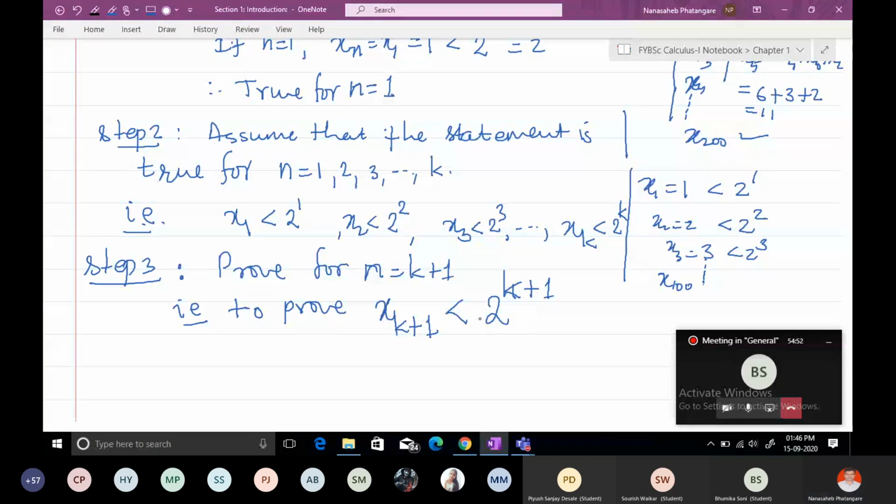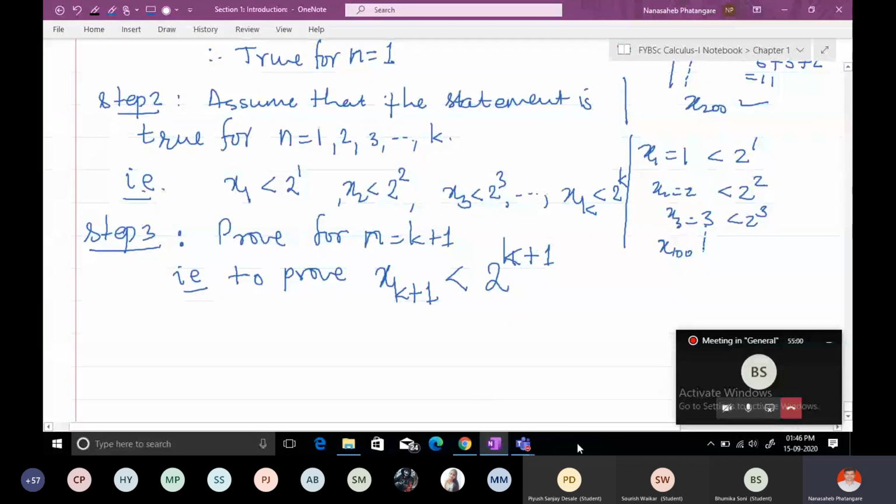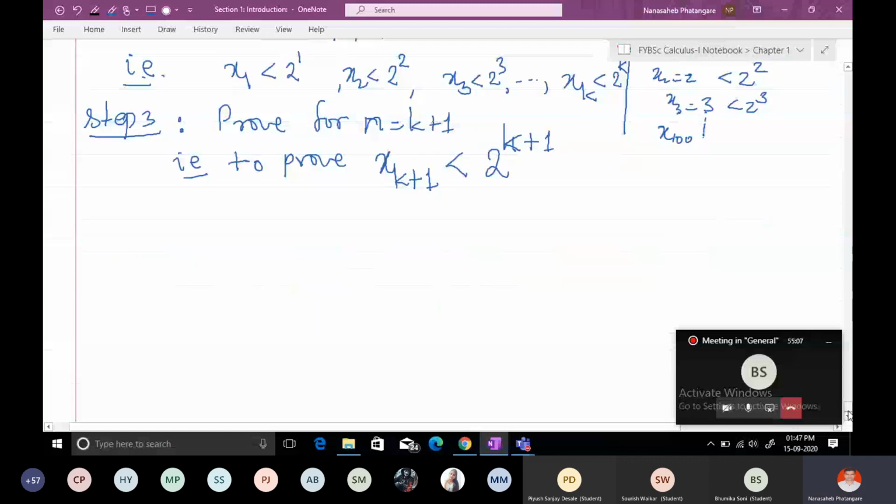Then how to do this? To prove this, let us start with xk plus 1 and try to get that it is less than 2 raised to k plus 1. So we should begin with xk plus 1.